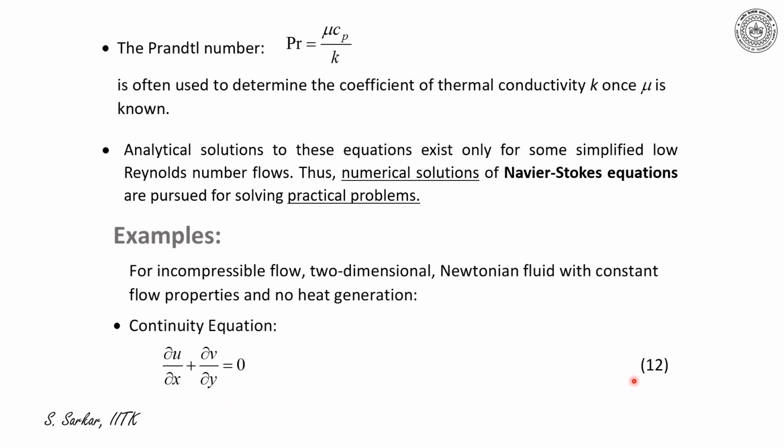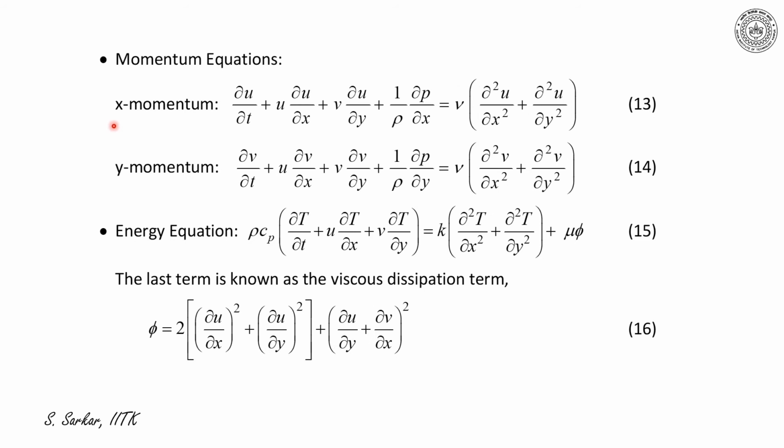That's equation number 12. X momentum here is given by del U/del T plus U into del U/del X plus V into del U/del Y plus 1 by rho del P/del X is equal to nu into del 2U/del X2 plus del 2U/del Y2.